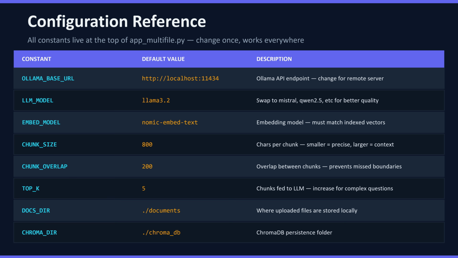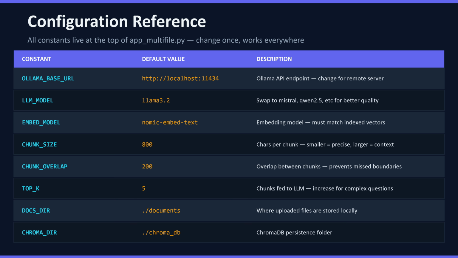Top K is 5. This is how many chunks are sent to the LLM after MMR selection. Increase this for complex questions that require more context, but be aware that more chunks mean more tokens and slower response.